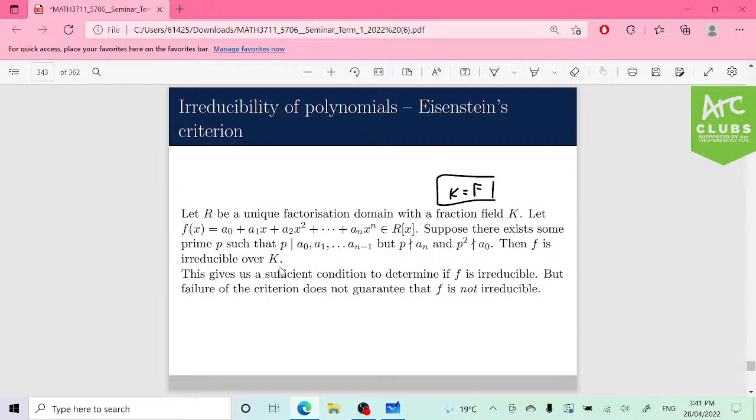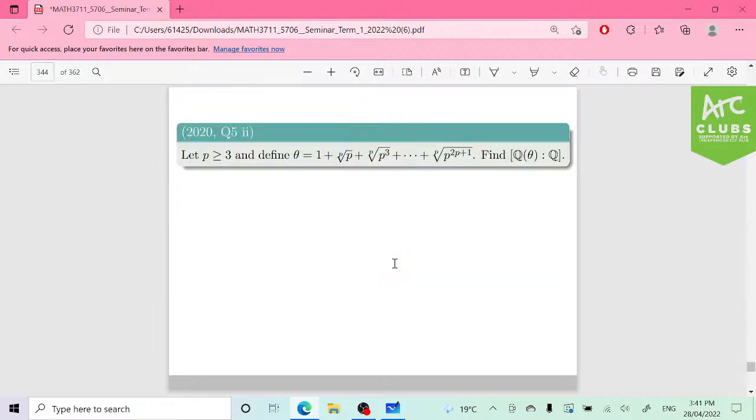But just because you fail the criterion doesn't mean that f is not irreducible. You can still construct irreducible polynomials that don't satisfy the criterion, but if it satisfies the criterion, then f is irreducible over K, over F. So let's have a look at an example. Let's consider this, and we're going to find the degree of the extension given by theta.